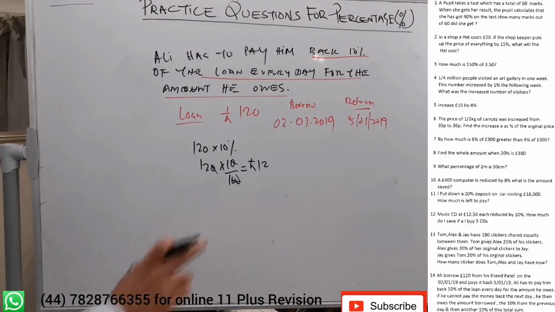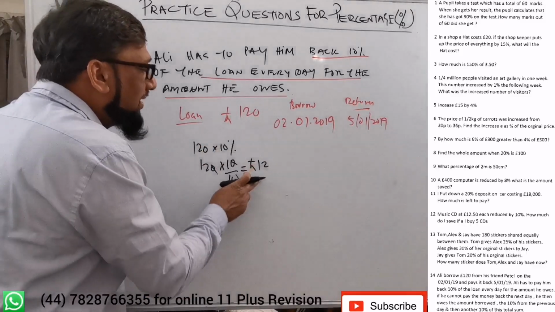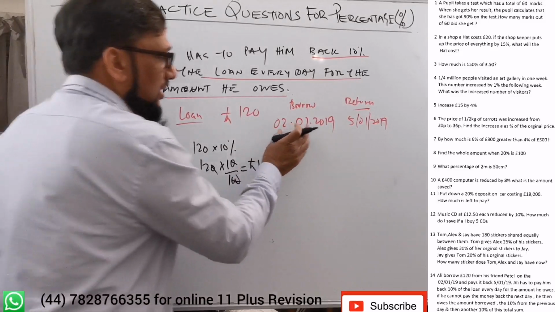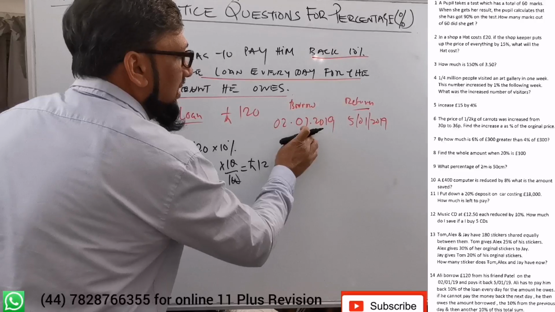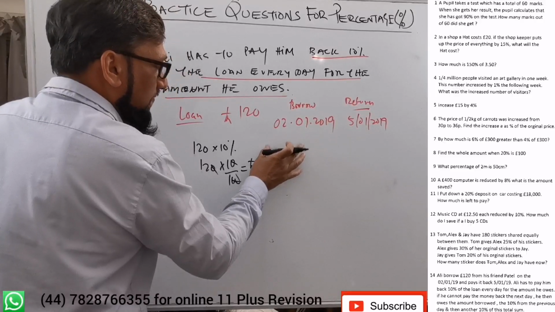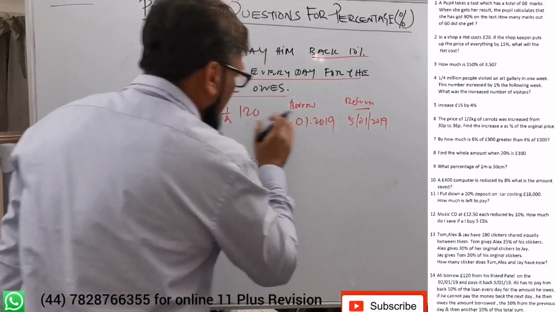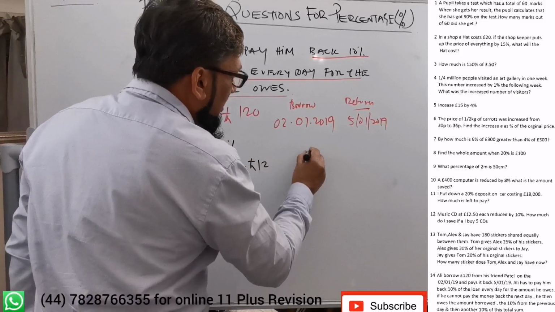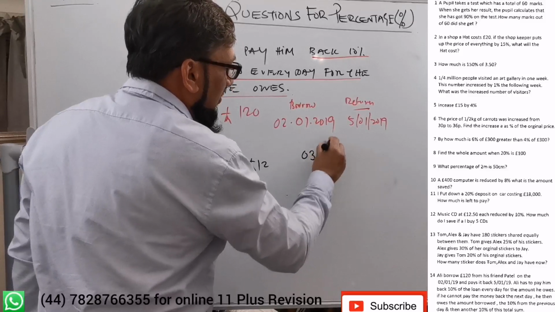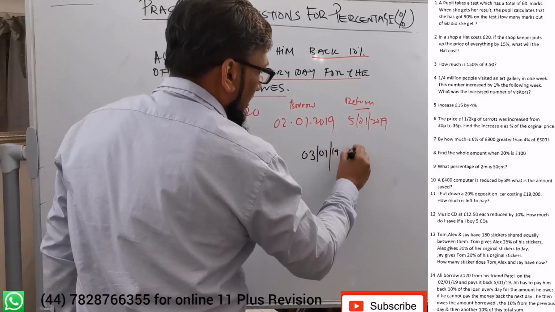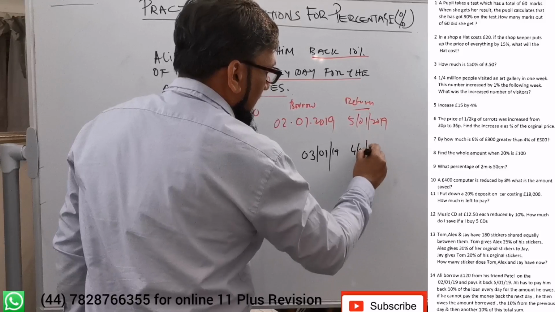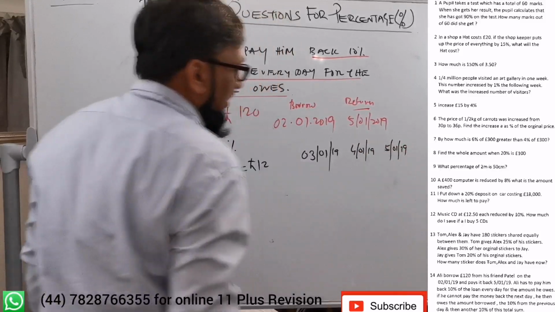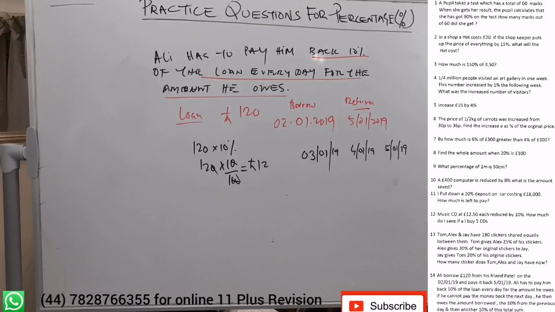So it means the total outstanding money he owes, on the 2nd of January Mr. Patel gave him the money, so the days will be counted: 3rd of January, 4th of January and 5th of January, so 3 days.